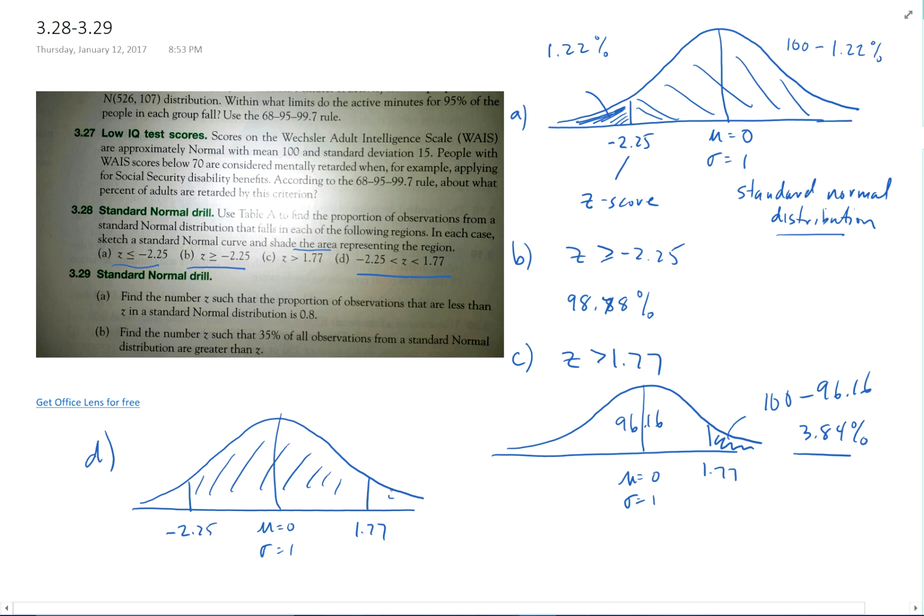Well, I know this area out here is 3.84, and this down here is 1.22%. So I'm just going to subtract from 100. So I've got 100 minus 1.22 minus 3.84, and that'll give me 94.94%. Okay, for this region in the middle. Alright, does that make sense? Alright, there you have it.